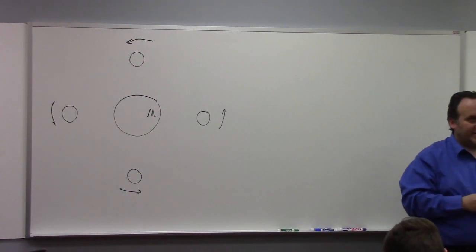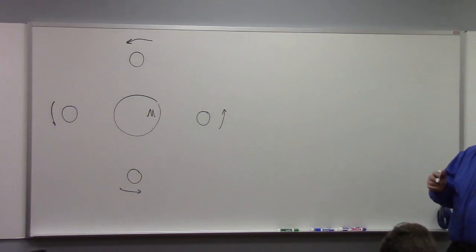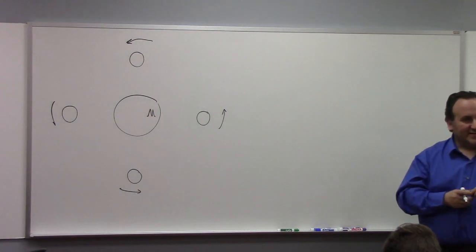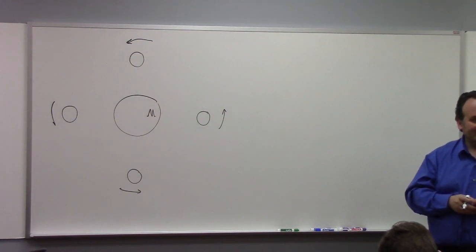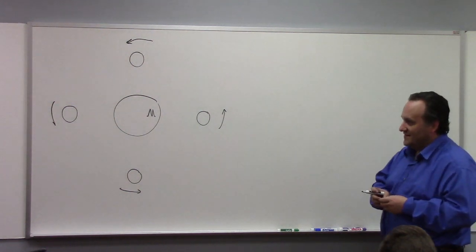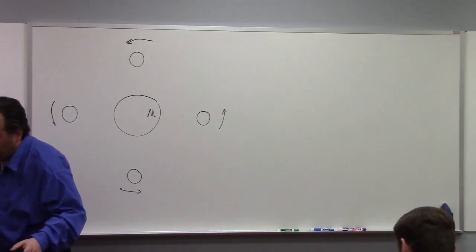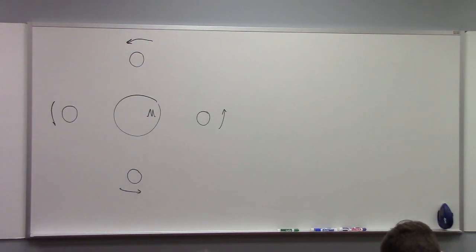I'm pretty sure we found binary stars, right? Pairs of objects orbiting each other. I'm not sure that we've ever found this anywhere else, like 4 moons just like this. But this is a potential solution to Newton's universal law of gravitation.